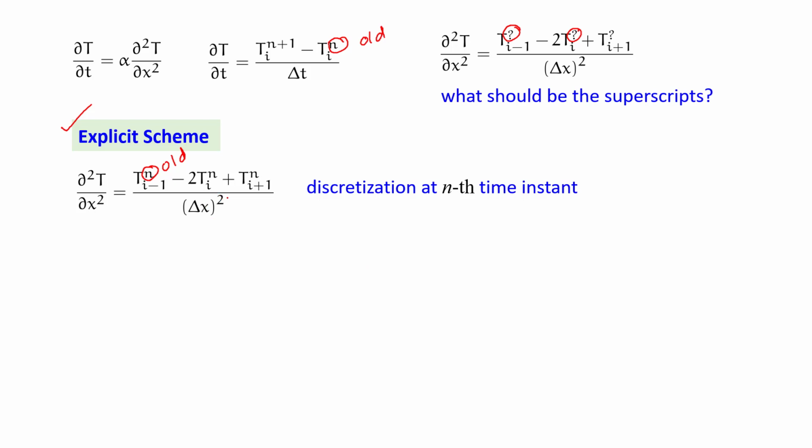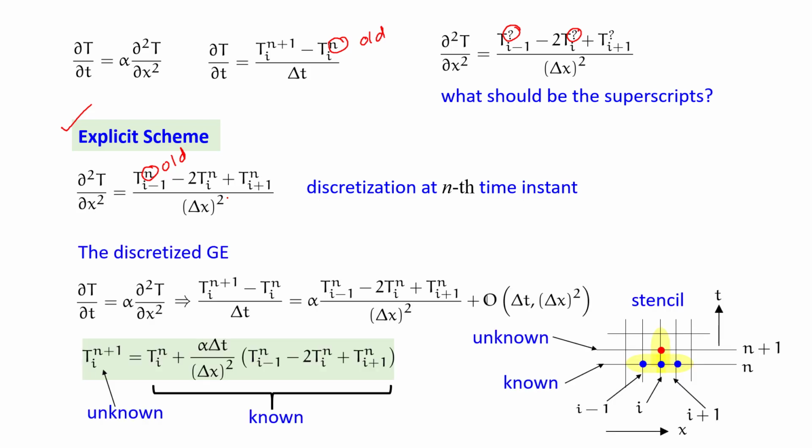That means we already know what happened at the n time level. Now the overall equation looks like this: del T by del t equals alpha del 2T by del x2. It will look like the left side is T_i^(n+1) minus T_i^n divided by delta t.